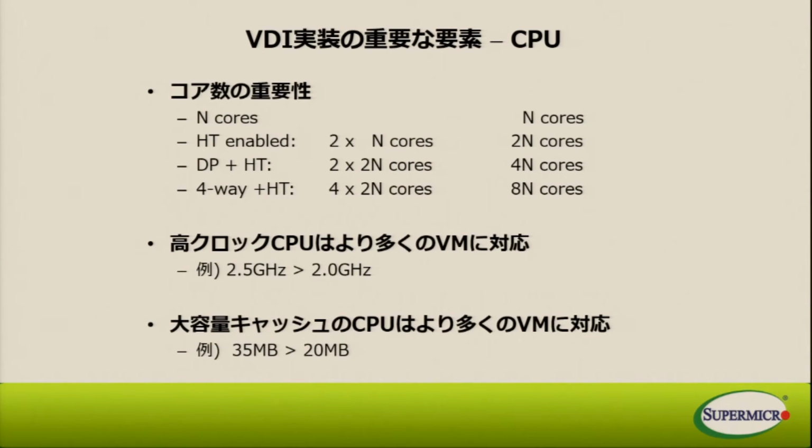Basically, higher frequency will be better than a lower frequency CPU. I have a table in the next slide to show you the testing results. Higher frequency CPUs will provide better performance for VDI application than lower frequency ones. And the third one is that a CPU with a larger cache will perform better on VDI application than one with a lower cache capacity.